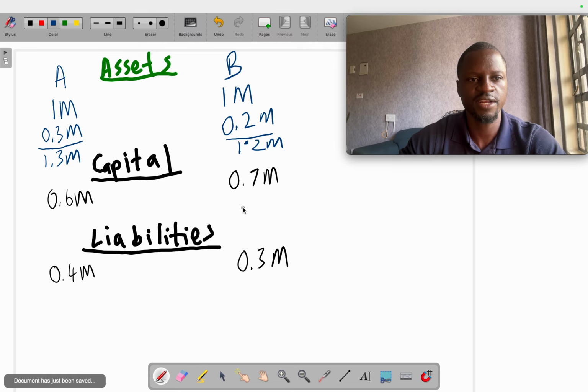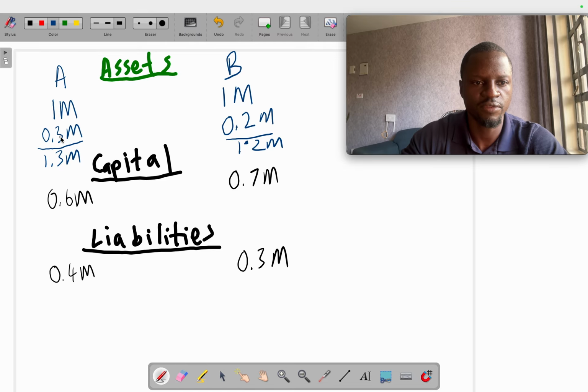And the market rewarded business A more for the series of decisions they have been making. And the market also rewarded business B by 0.2 million more for the decisions they were making towards providing more value to the market.